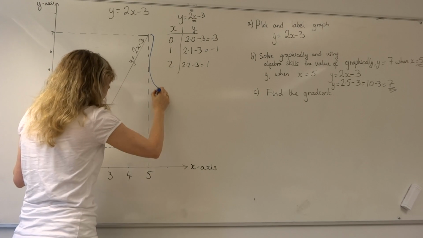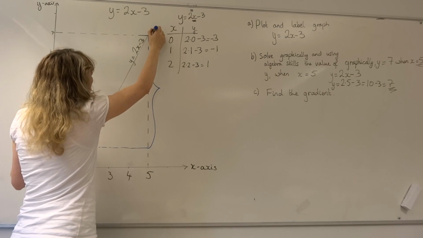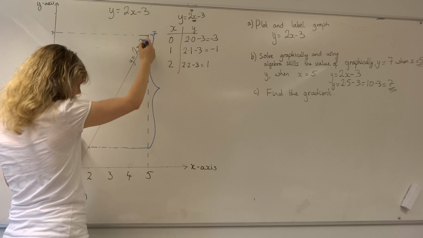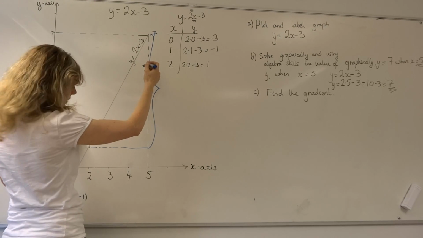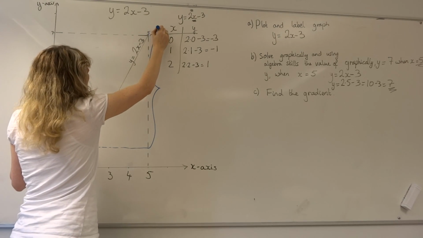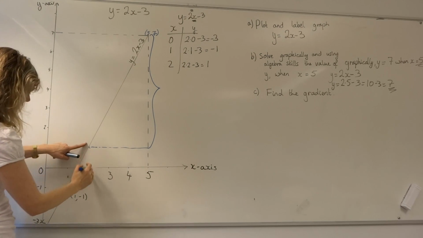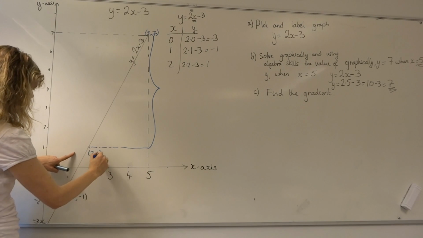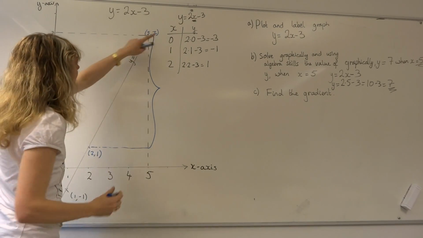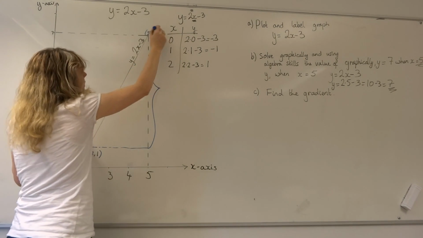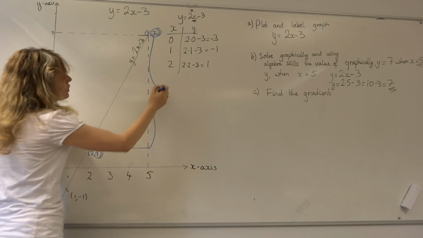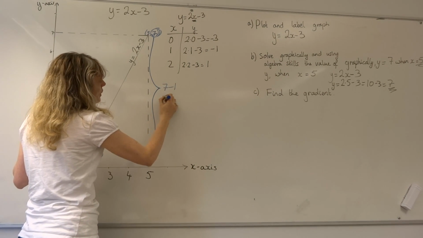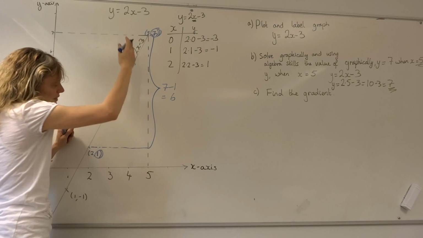So the difference in the y-axis would be, the coordinate here is 5, 7. And the coordinate at this point here is 2, 1. So the difference in the y-axis is 7 minus 1, which is 6.